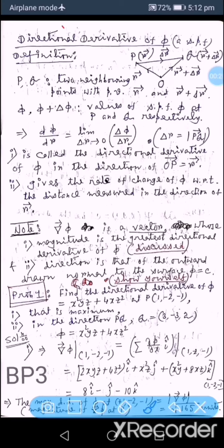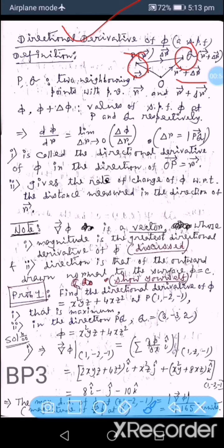But here we are defining the directional derivative of a scalar point function phi in a different way. Suppose P and Q are two neighboring points with position vectors r and r plus delta r. So with reference to the origin, vector OP equals r and vector OQ equals r plus delta r. So vector PQ equals delta r.